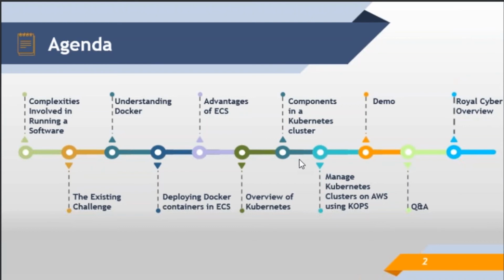And how do we manage a Kubernetes cluster on AWS using Kubernetes operations, followed by a demo session, followed by Q&A and a little bit of overview of Royal Cyber and our services.